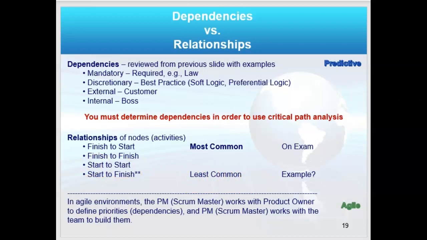But for now, in the agile environments, the project manager, or scrum master as we call it, works with that product owner to define the priorities, or those story cards that you're going to use that we've been talking about. The scrum master is working with the product owner to define the story cards. And that's how you sequence in Agile.